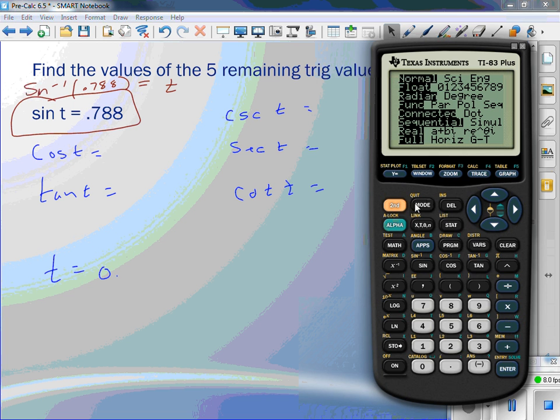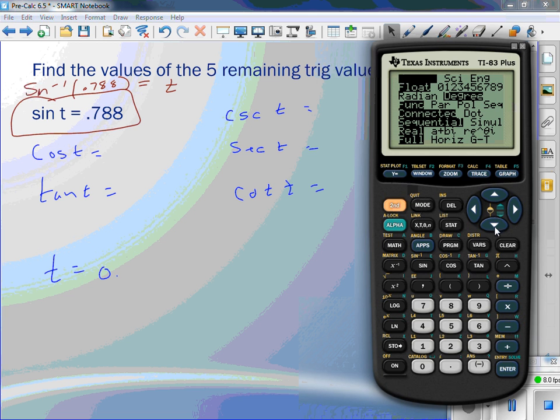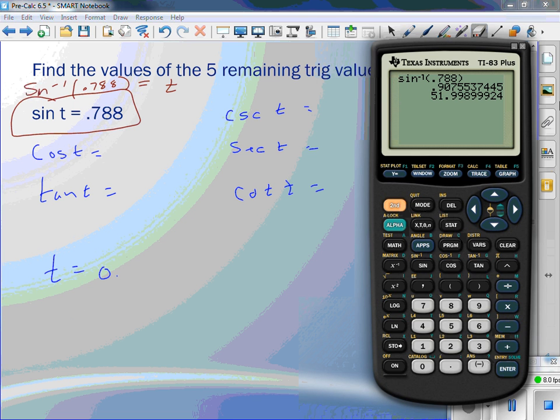If yours is in degrees, it's going to work the same. Yours are in degrees, right? I'll just change mine to degrees. So in degrees, it's going to be 51.999. The more you go out, the more accurate it is. If you use 52, it's going to be fine also.